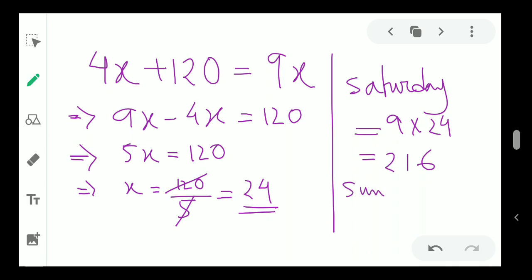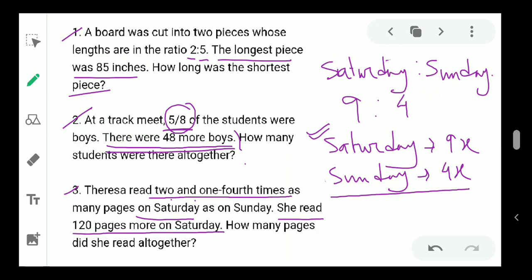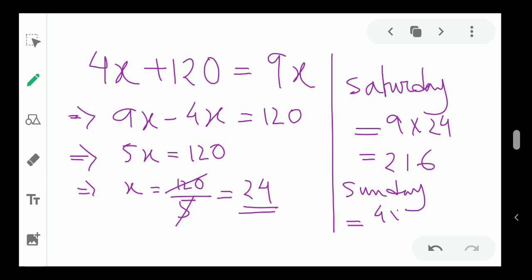and Sunday 4x, that is 4 into 24 books. Now let's talk about these two numbers, 216 and 96, and see whether the ratio comes the same. Obviously it will, because 24 is multiplied with both of them, which is the same number.